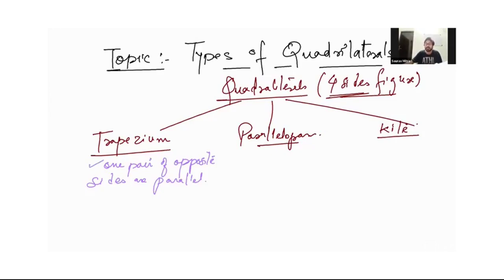And in parallelogram, two pairs of opposite sides are equal and parallel. And in the last case, adjacent sides are equal.